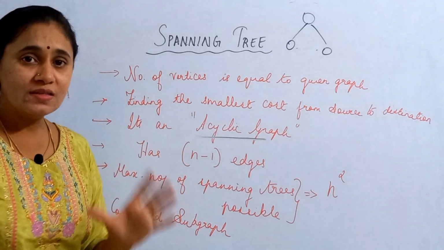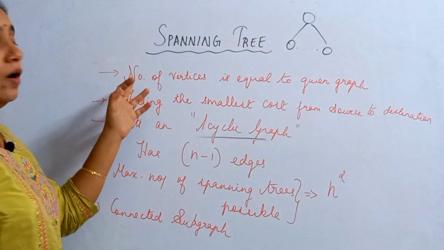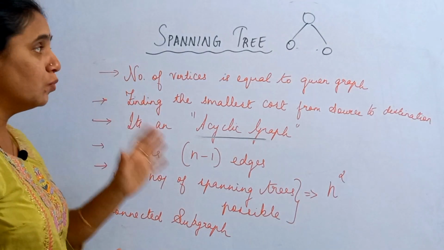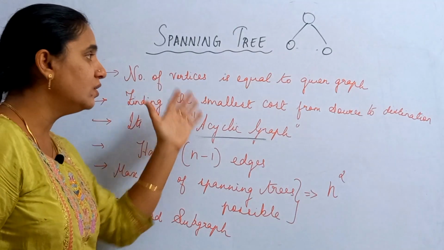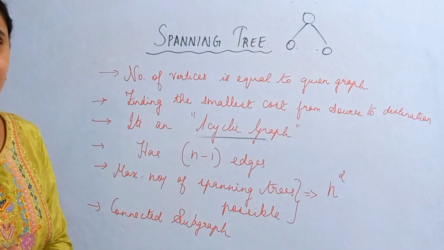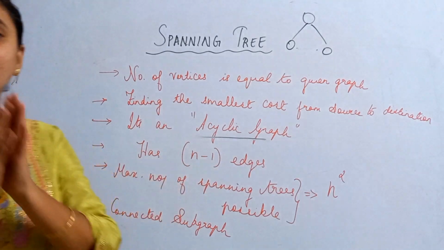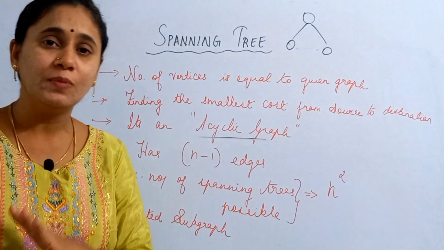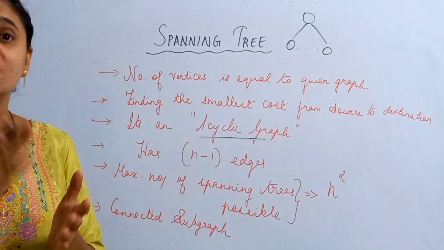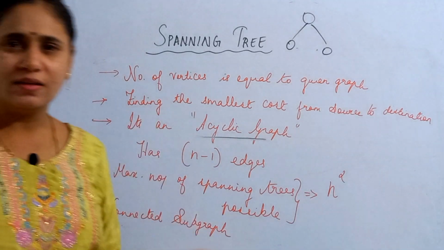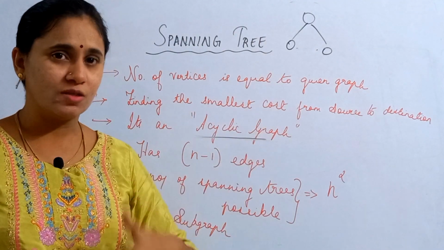If you are going to construct a spanning tree, what is the condition? The number of vertices should be equal to that of the given graph. The meaning here is they will give you a graph. That graph may be a complete graph or a cyclic graph or an acyclic graph, whatever graph we have discussed already.